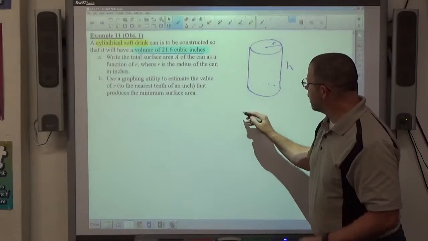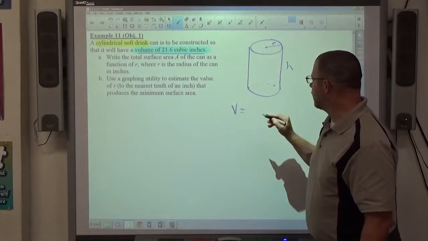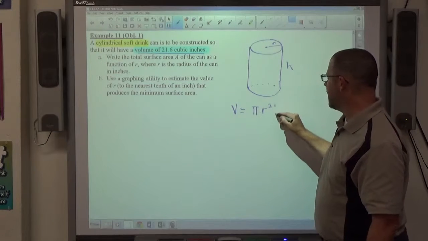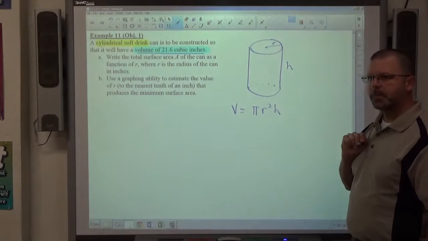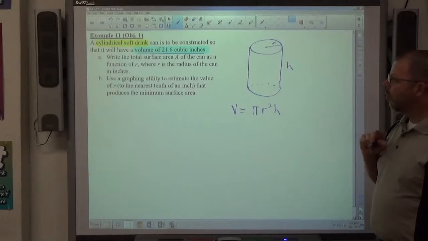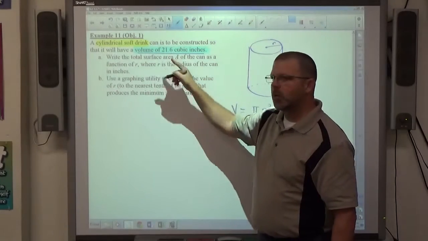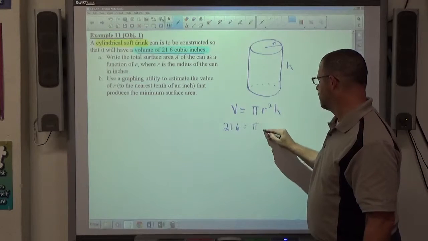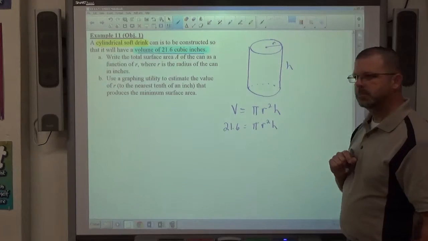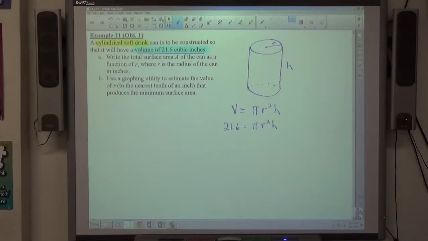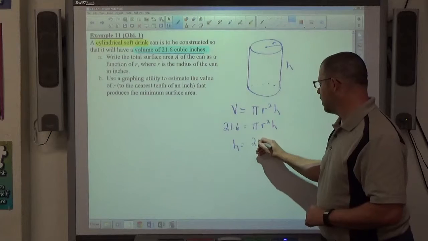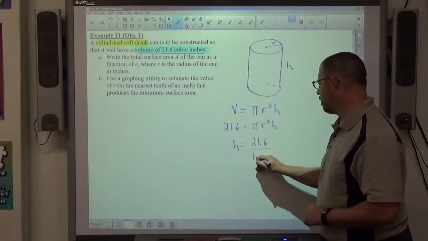So if I'm dealing with a basic volume of a cylinder, the area of the base is pi r squared, the height is h, right? We're told the volume is supposed to be 21.6 cubic inches. So 21.6 is equal to pi r squared h. Therefore, h is going to be 21.6 over pi r squared.